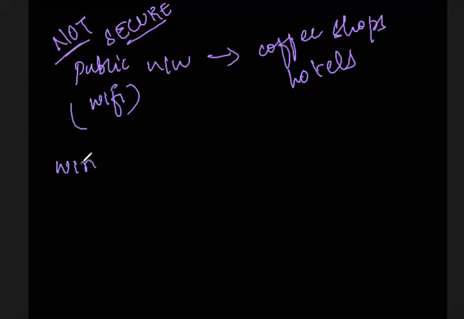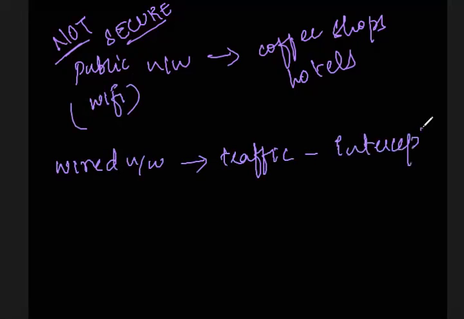Now if you go for a wired network, the traffic that is traveling through this wired network can also be intercepted. Now this interception can happen by sniffing the packets, that is, the information you're traveling across the network. You've got the sender, and you've got the receiver or the destination.